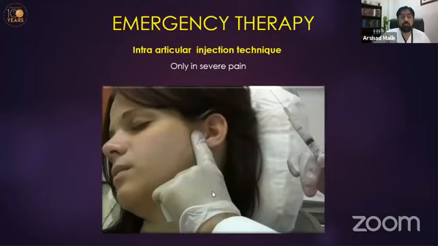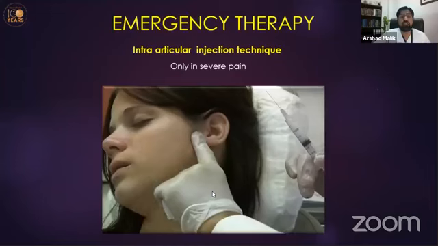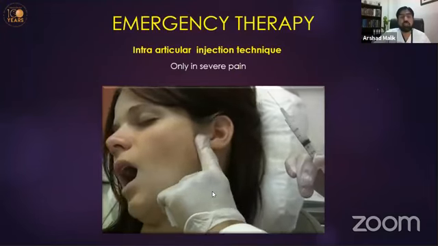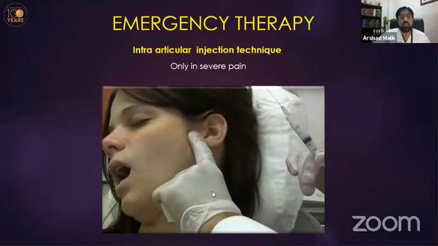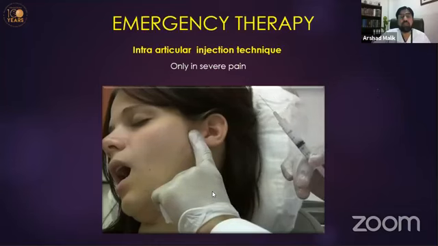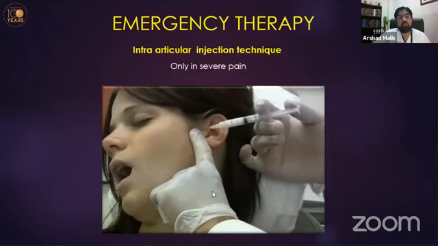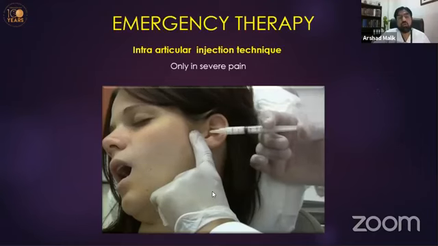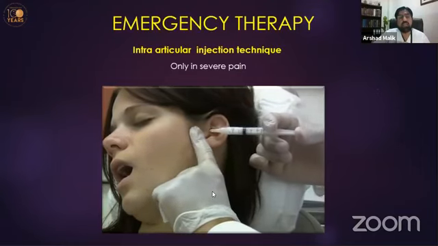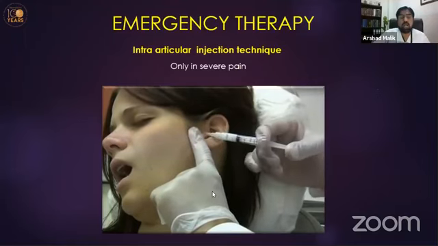Now, this is the place of the joint. You feel the condyle. You are just beneath the zygomatic arch, and that is the opening of the condyle. And you see that you are moving from the tragus area towards the anterior limit. Inject by inserting your needle not more than 4 to 5 mm.